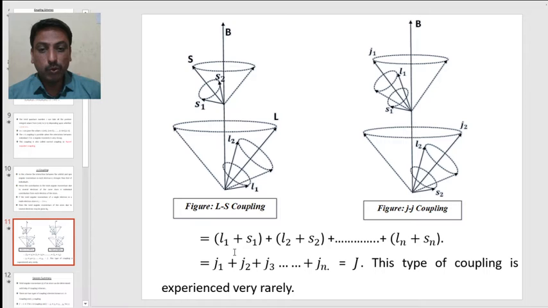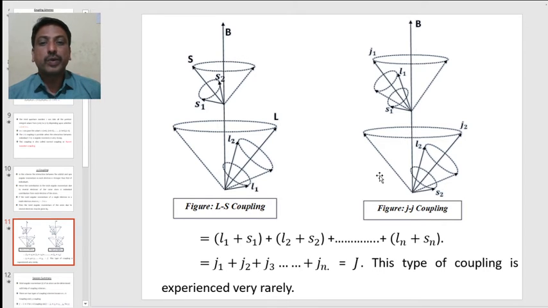L2 plus S2 gives J2. Similarly, up to Ln plus Sn. Finally, we add the total angular momentum of each electron, J1 plus J2 plus J3 up to Jn, which gives the resultant total angular momentum of an atom. This type of coupling is experienced very rarely.